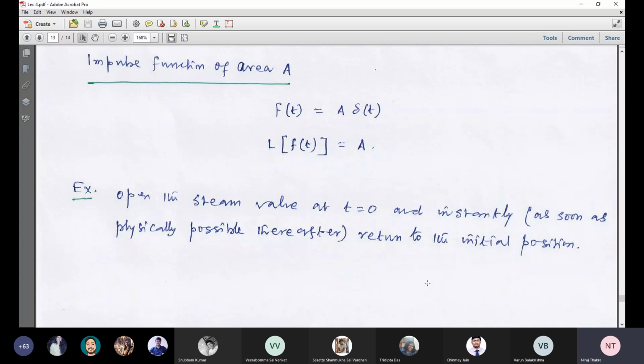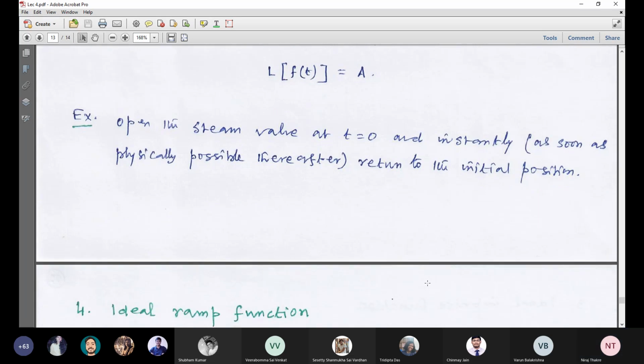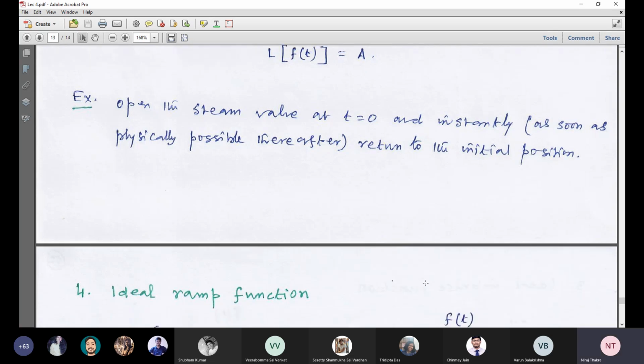This is the example. Next, we will come to another function that is called the ramp function.